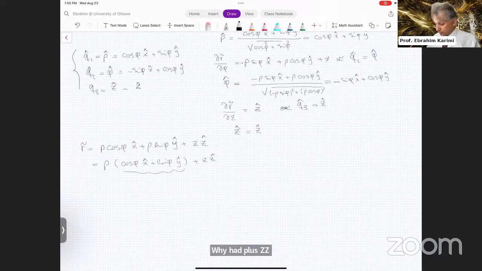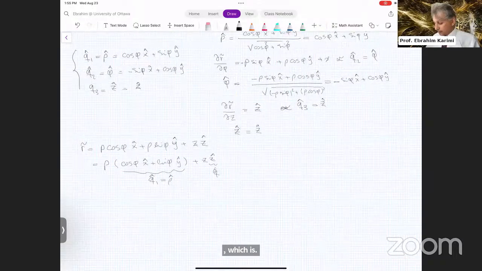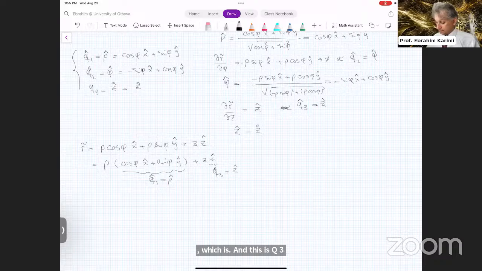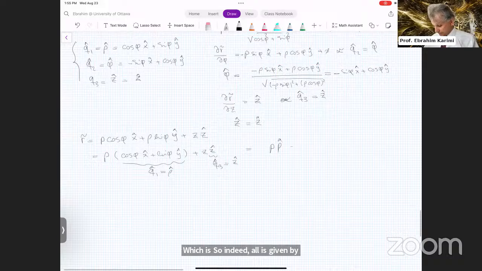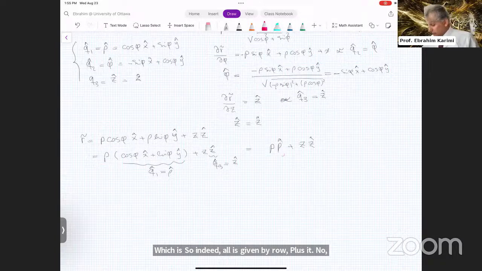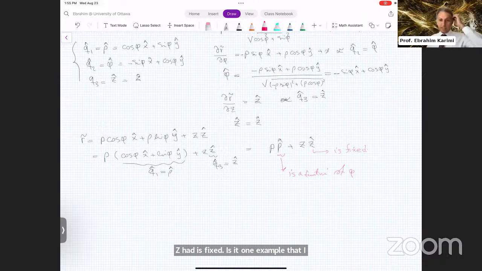And this is nothing more than q1, which is rho hat, and this is q3, which is z hat. So indeed, r is given by rho rho hat plus z z hat. Note that here, rho hat is a function of phi. z hat is fixed. This is one example that I have, where everything is so beautiful, it is wonderful.